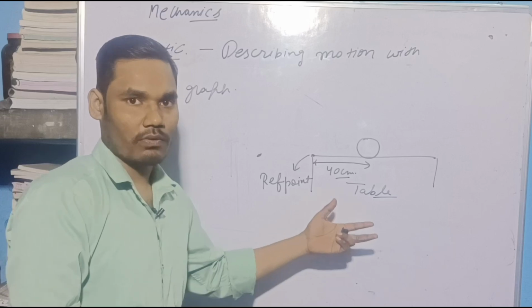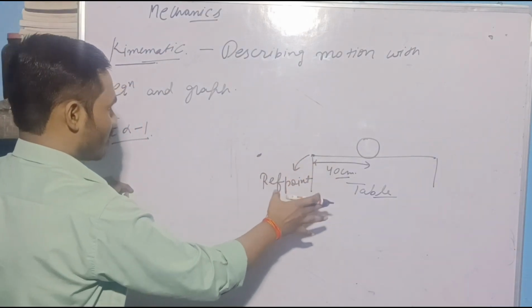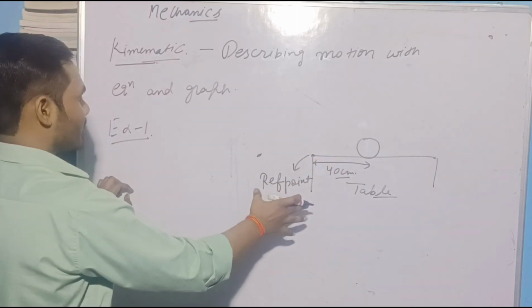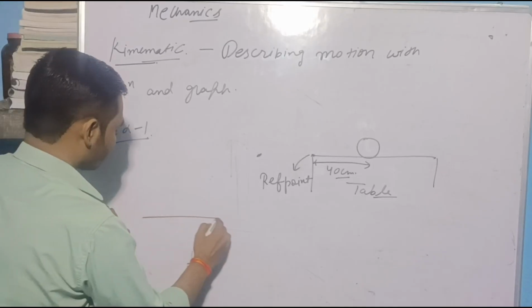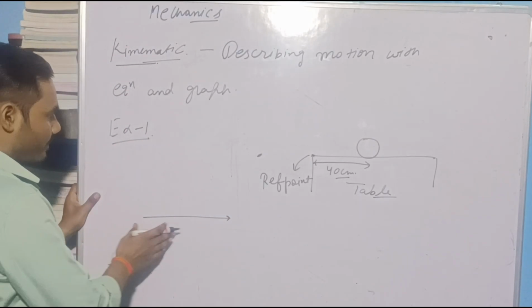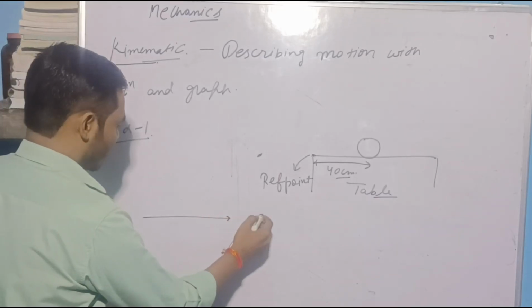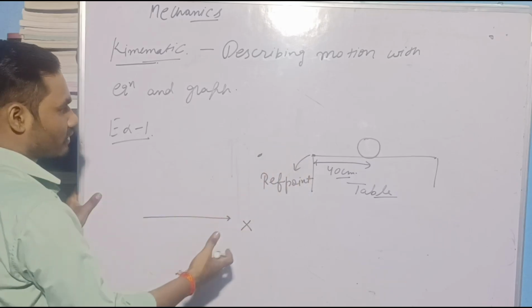Now how will we plot this situation, how will we graphically show this situation? So in your notebook you will have a graph. Through a graph we can plot this, we can show this situation.